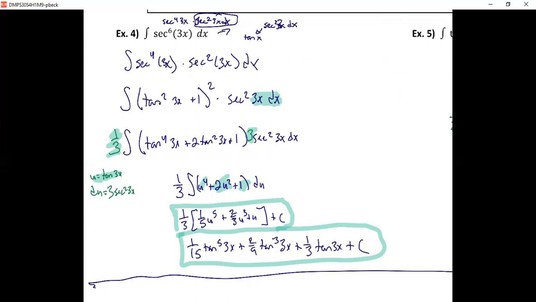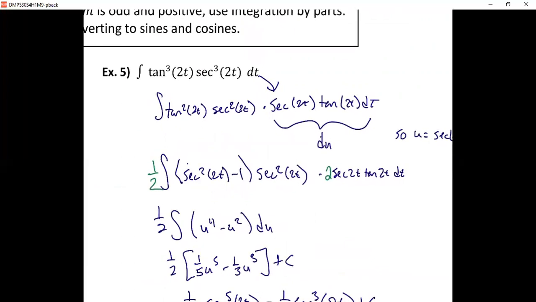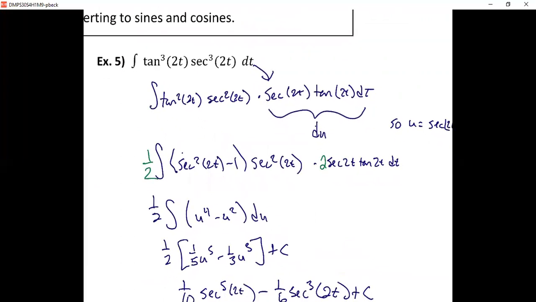So when it comes to this next problem, this is going to be a mixture of secants and tangents, and that's a little bit of an indication that we're going to have one of two things happening. We are going to have either secant squared as my derivative, just like what we had before. So the secant squared is going to be great if we set u equal to tangent.